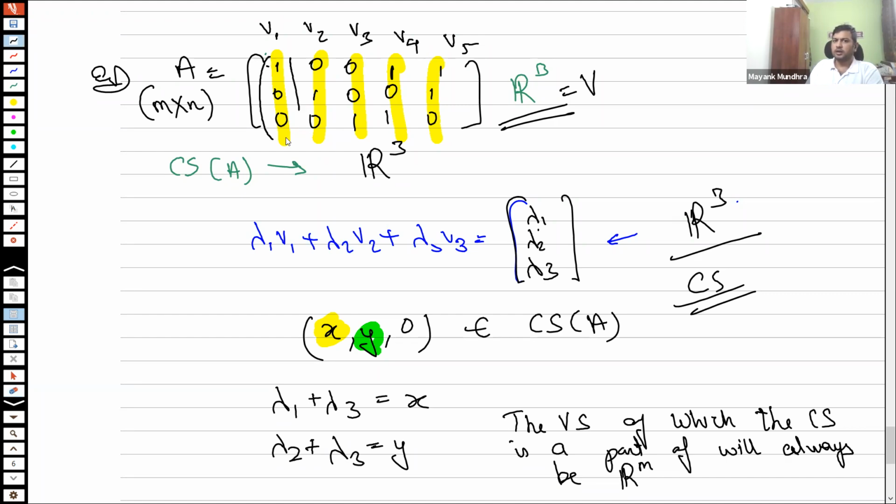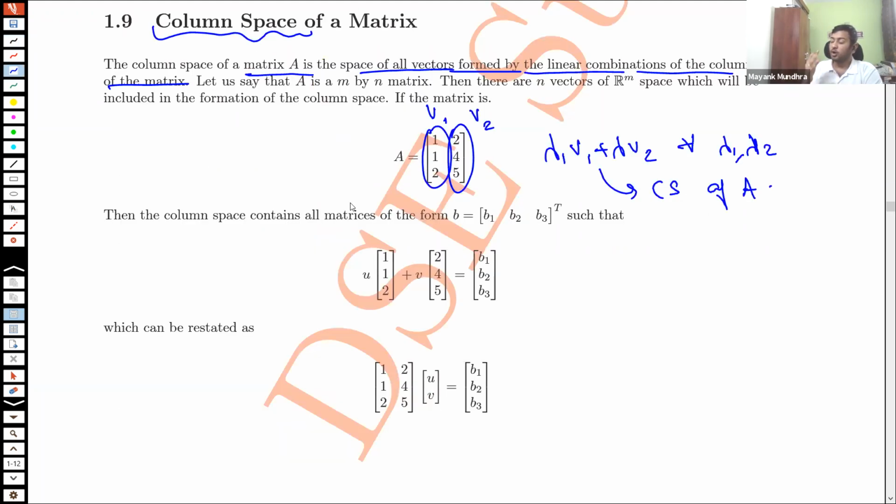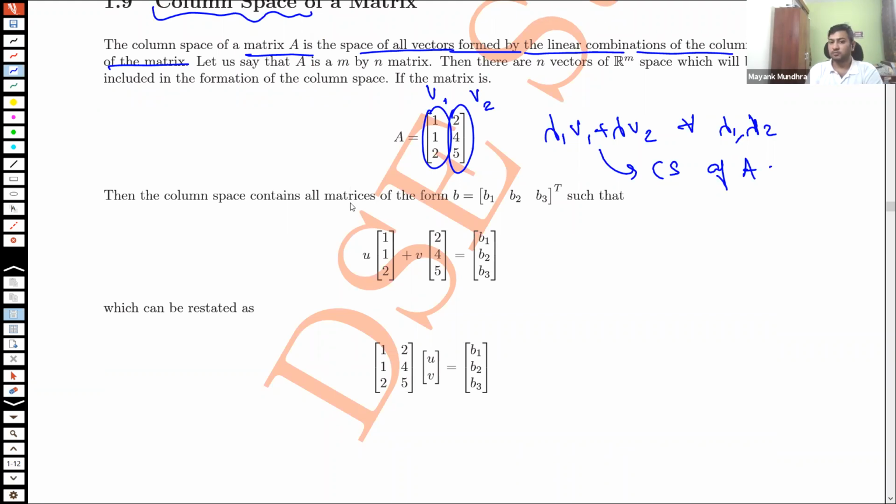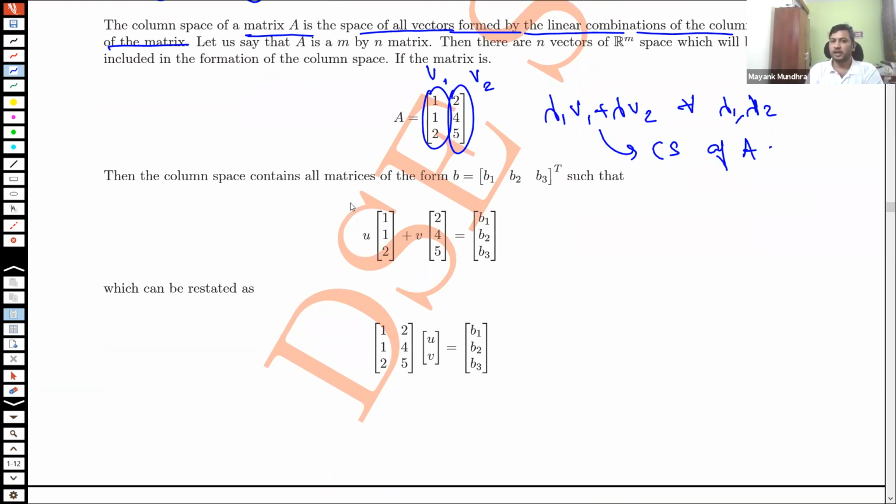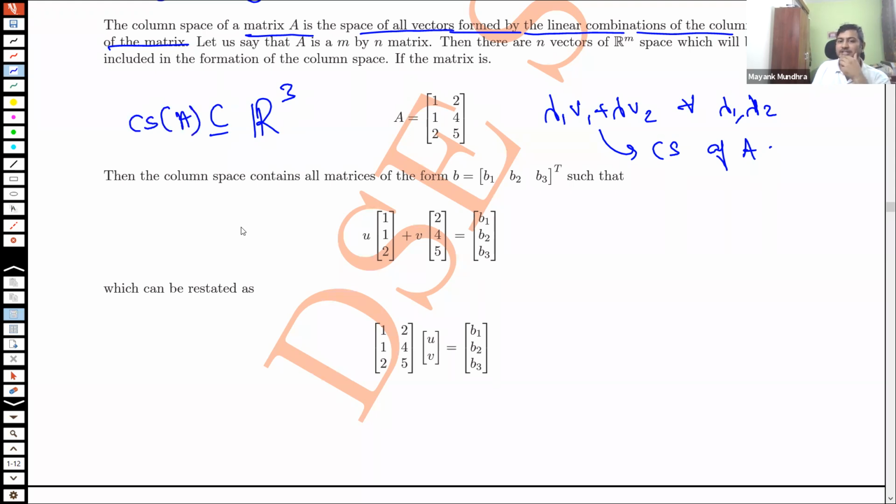The column space will always be a subset of R cube, or R to power M if you have a general M cross N matrix. So here you have two columns, but the number of rows is 3. So the column space of A will be a subset of R cube.